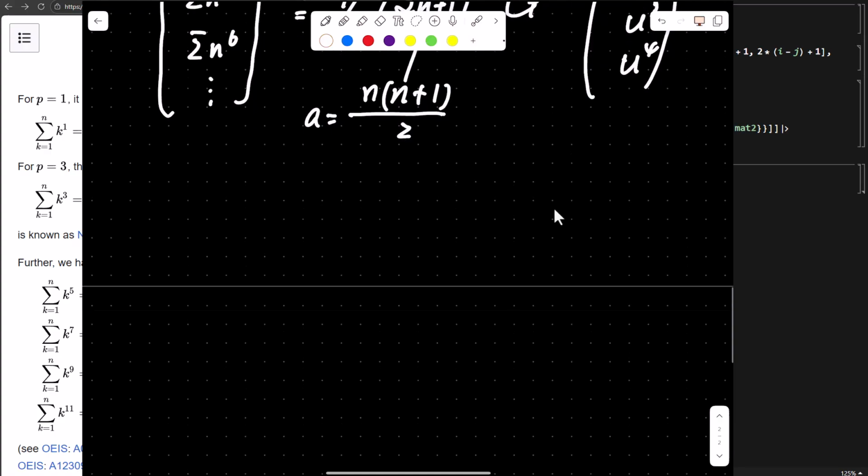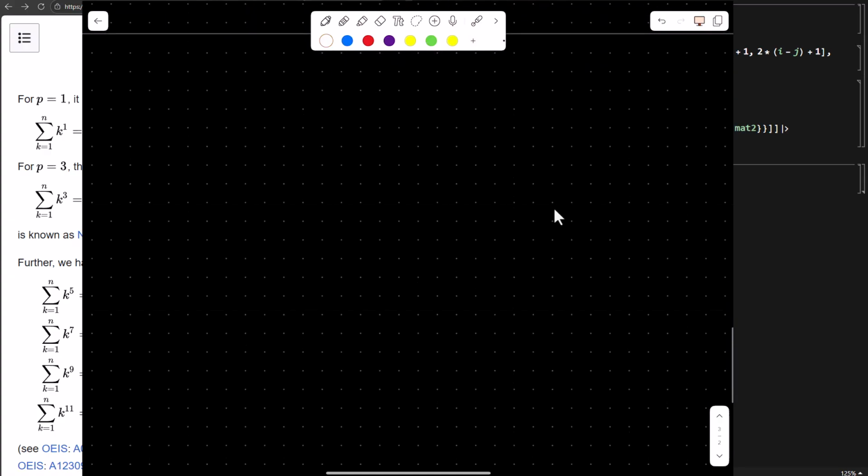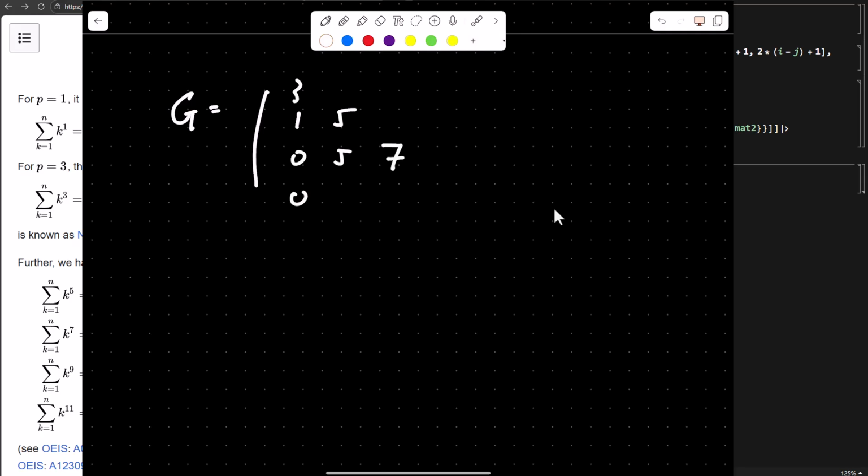So what is the G matrix? The G matrix looks like G equals 3, 1; 5, 0; 5, 7, 1, 0; 1, 14, 9, and everything in the upper half is 0, dot, dot, dot.